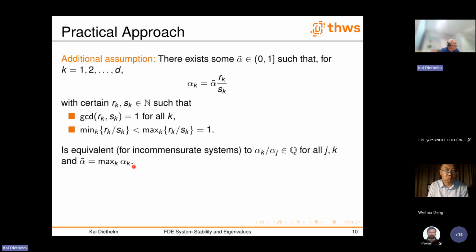That's something which is easy to achieve. And the other bit is that all the quotients alpha k divided by alpha j must be rational. This is fulfilled if all the alphas themselves are rational. That's a sufficient criterion. It's not necessary.